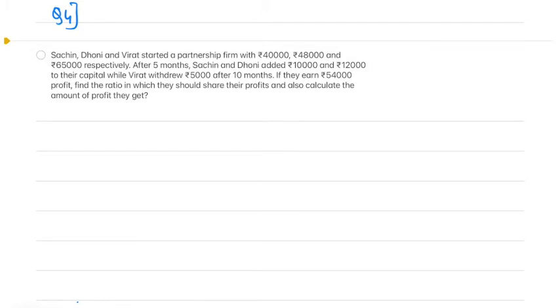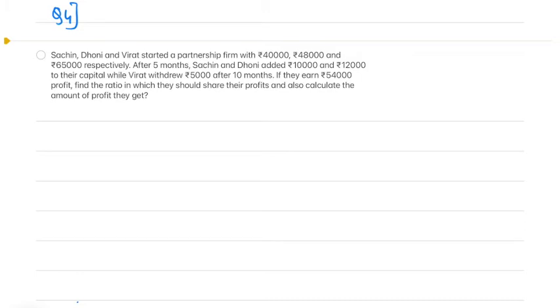In case of Dhoni, 48,000 is invested for 12 months and 12,000 is invested for 7 months. In case of Virat, 65,000 he invested for 12 months.